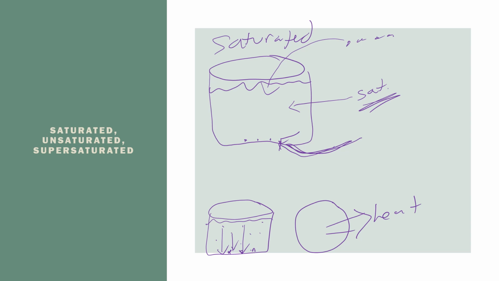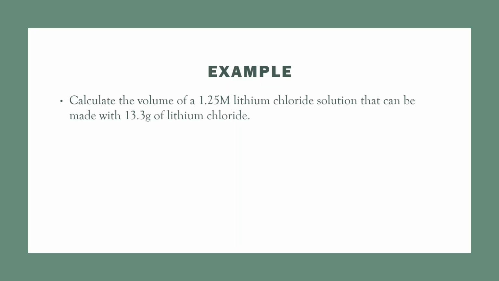But that's how those hand warmers work. You have a supersaturated solution, agitate it, get the solid to precipitate out, and that solidification releases heat. So supersaturated solutions are rare and they don't come up very often, but you definitely need to know the difference between saturated and unsaturated.